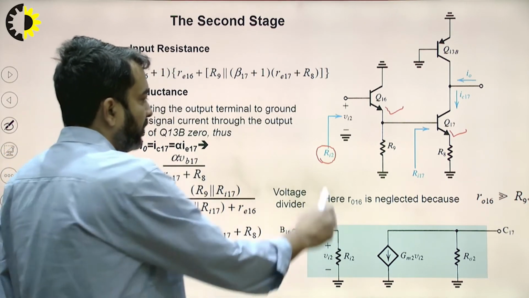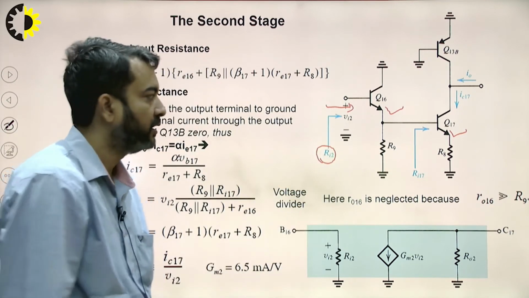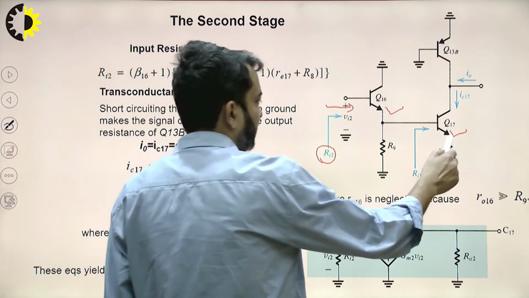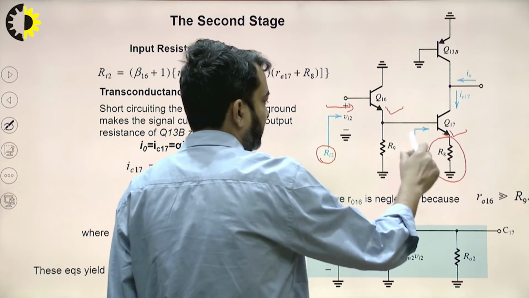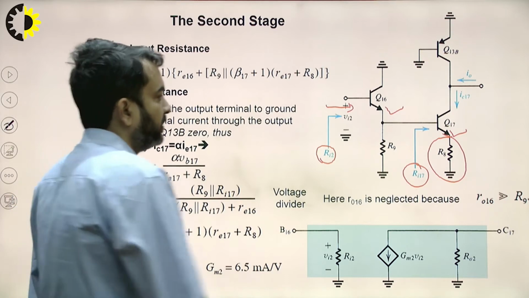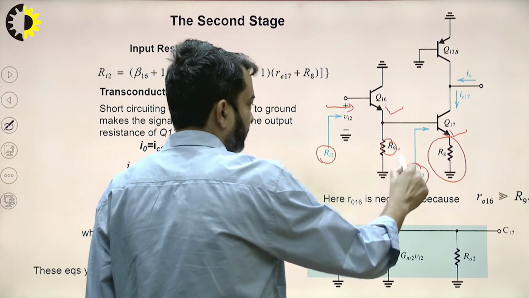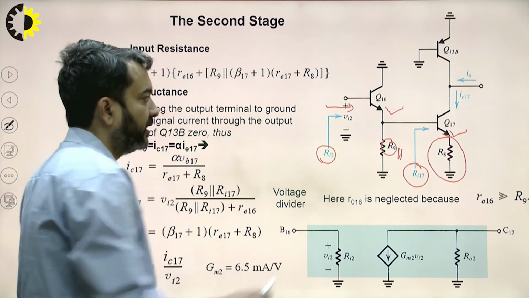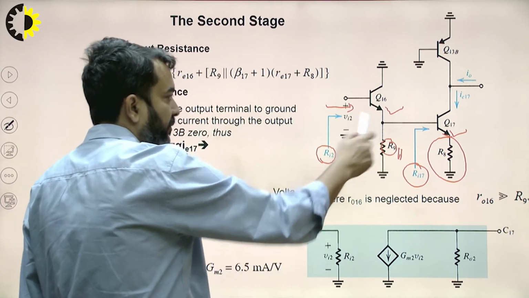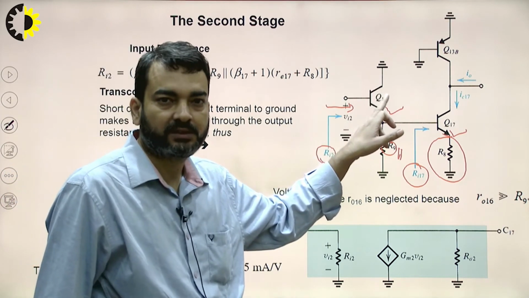So we are looking into the base of transistor Q16. We have calculated what is the net resistance connected at this point, first calculating Ri17. Then this Ri17 is in parallel with R9.